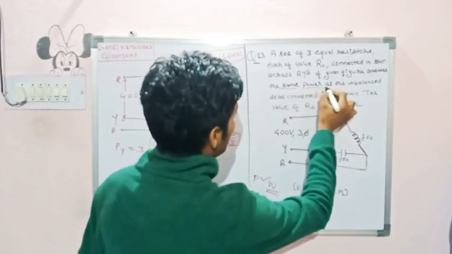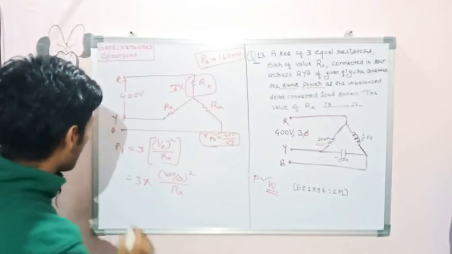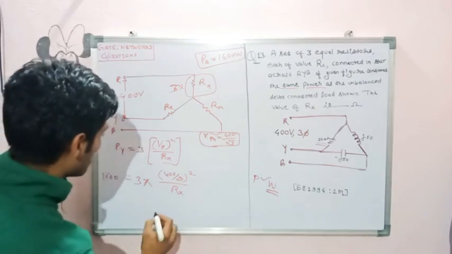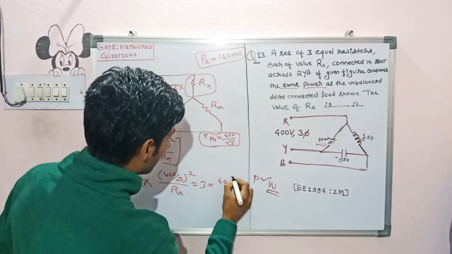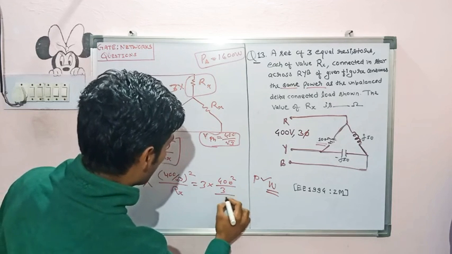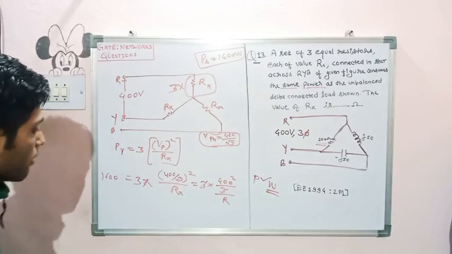It is said in the question that both circuits consume the same power, so it is equal to 1600. So 3 into 400 square by 3, divided by R. This 3 gets cancelled.